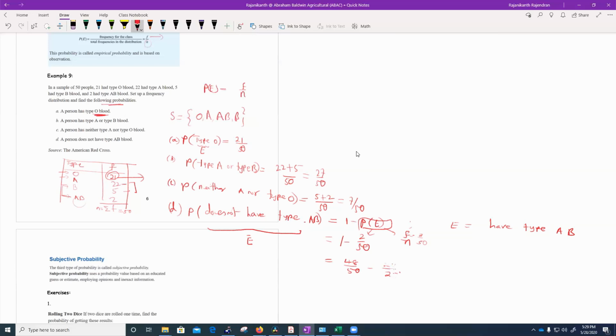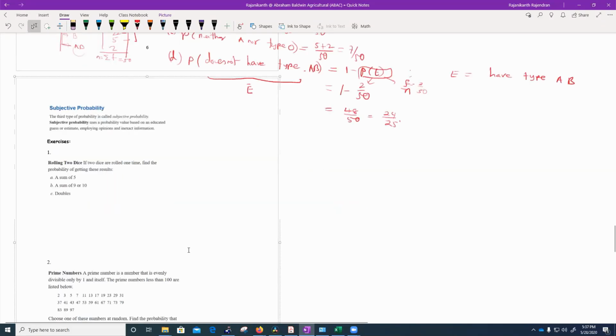Make sure that you understand the concept and the formula. Let's move to the last type of probability, that is the subjective probability. Subjective probability is an individual probability. That means it depends on the person, based on past experience.